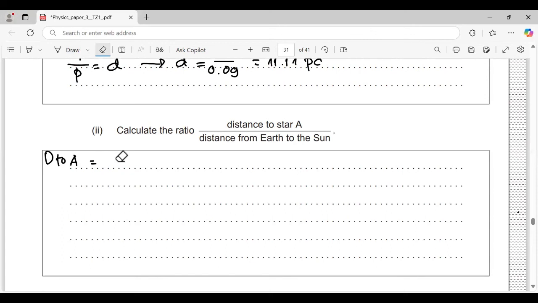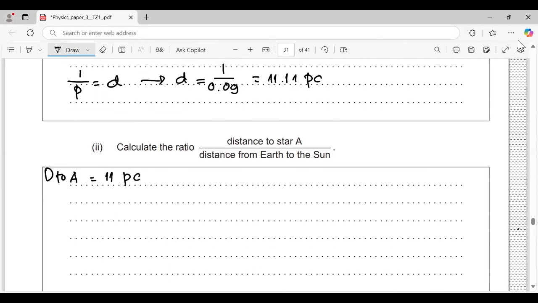That's the result according to this calculation, 11 parsec. This approximately becomes 11 parsec, right? 11 parsec.